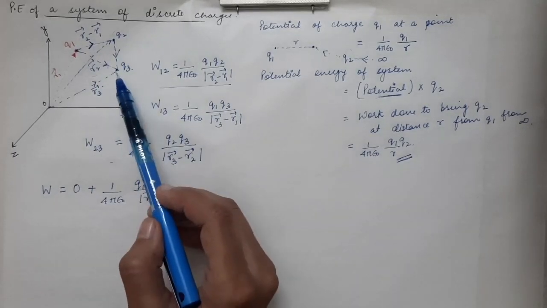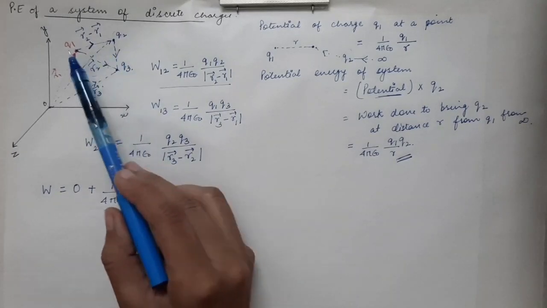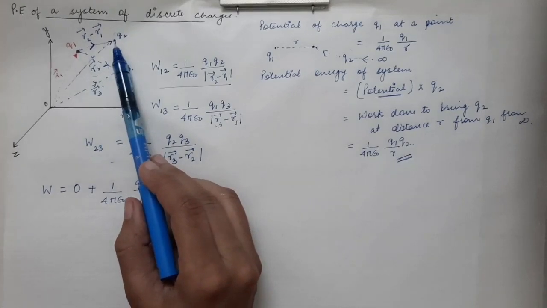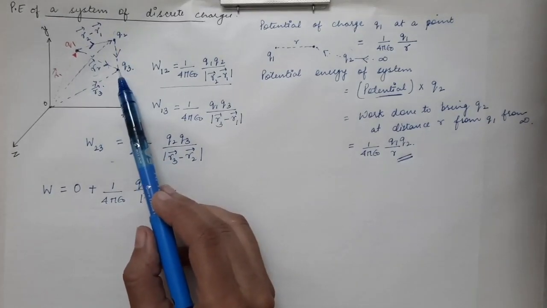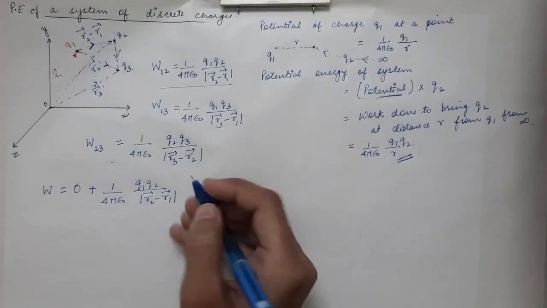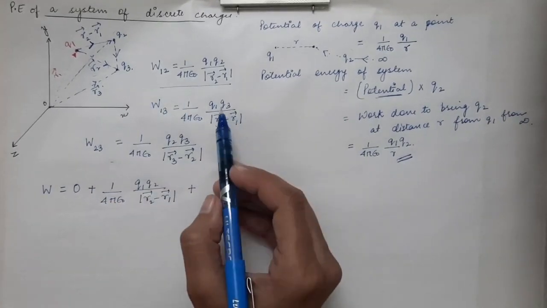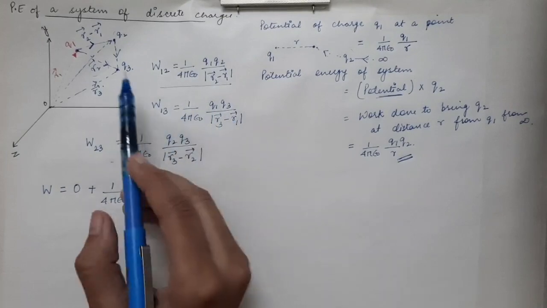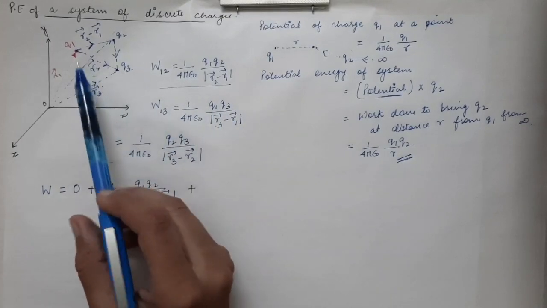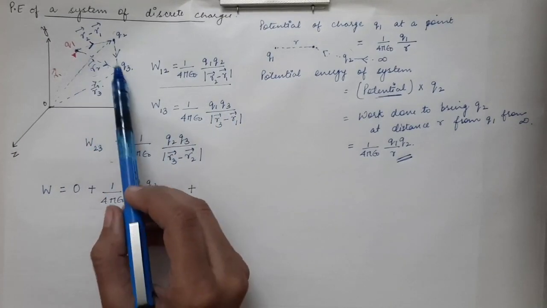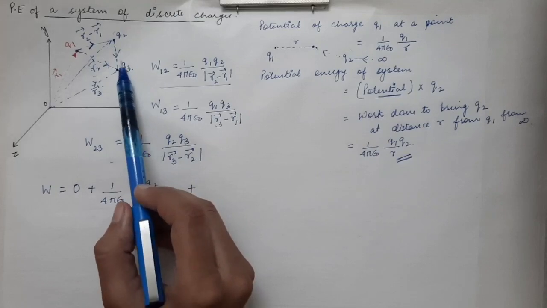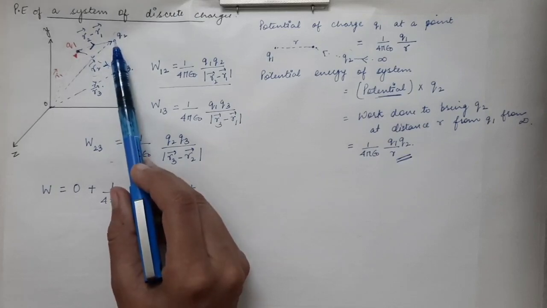Now when you are placing the third charge, Q1 is already present and Q2 is already present. The amount of work done in placing the third charge will be equal to the work done to move the charge Q3 against Q1, and then the work done to move this Q3 charge against this Q2 charge.